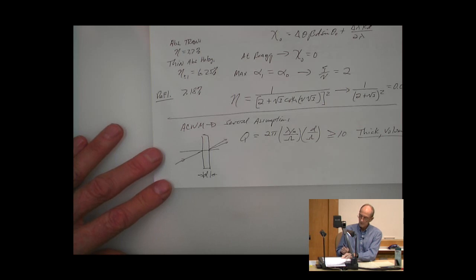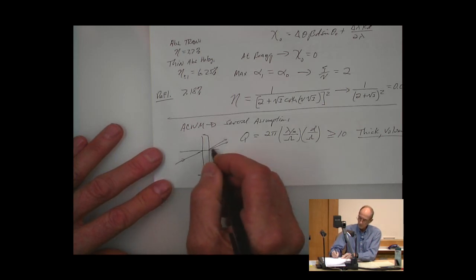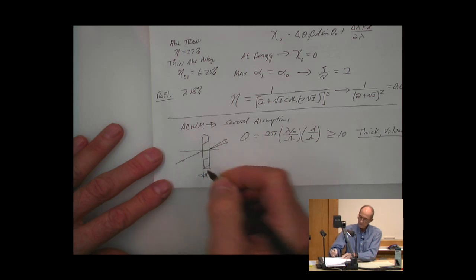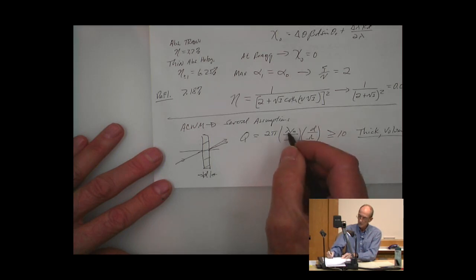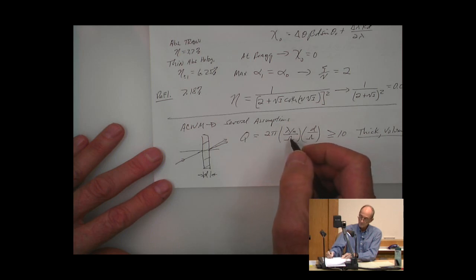What's happening then is your fringe planes are going to be very far apart, which means the wavelength to period ratio in that case is going to be very small, because the period is going to be very much larger than the wavelength.